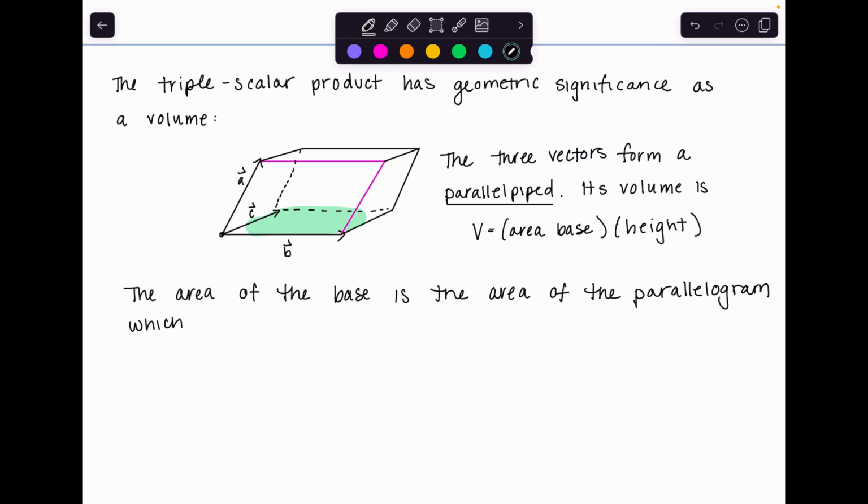So in this case, because B and C we're taking to be our base, it is the magnitude of B cross C. Now the height, however, is a little bit harder. That's the distance from the bottom to the top. So instead I'm going to consider the height to be out here, H. And imagine we've got a straight line over here. Then this angle here, I'm going to call theta. Okay? So the height is H.